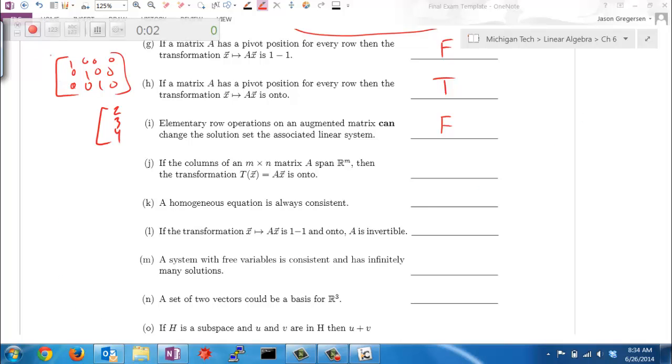All right, so for all these, A is going to be true, B is going to be false. So we'll go to the next one here. If the columns of an m by n matrix A span Rm, then the transformation is onto.